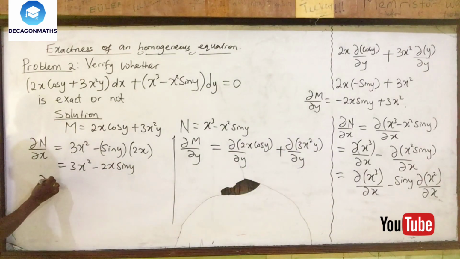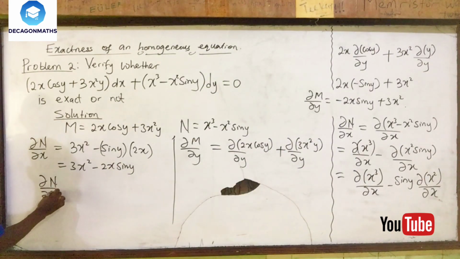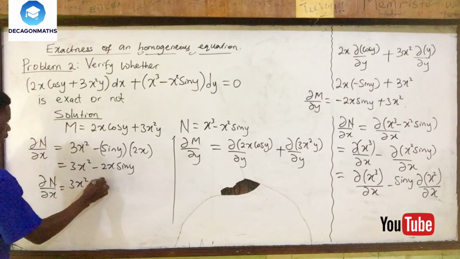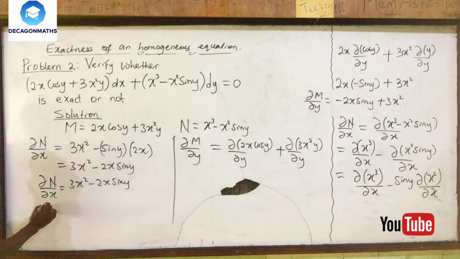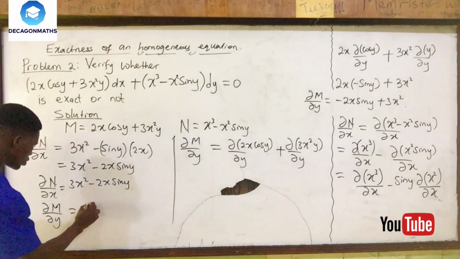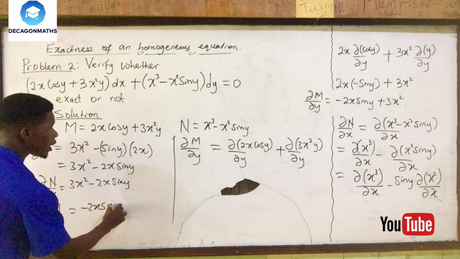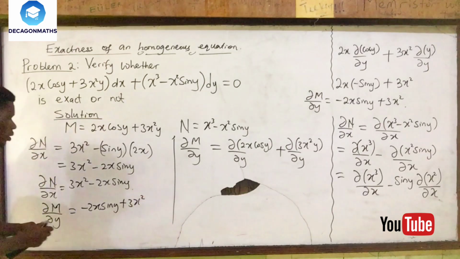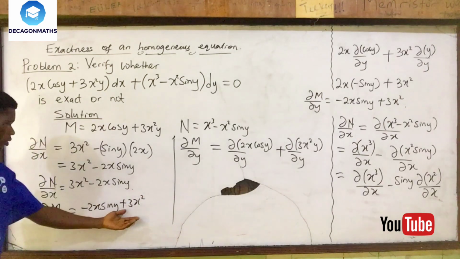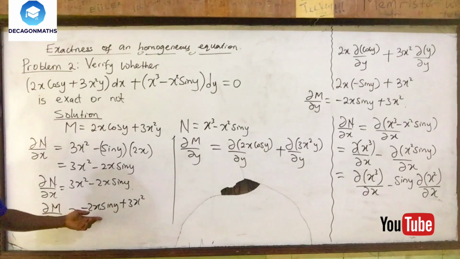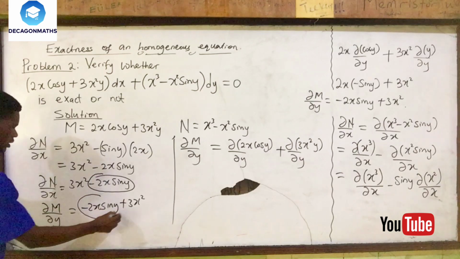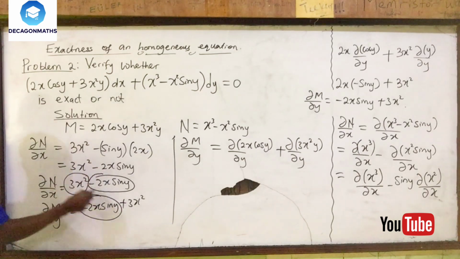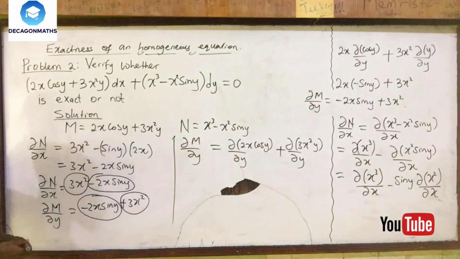We obtain that the partial derivative of N with respect to x is equal to 3x squared minus 2x sin y. For the partial derivative of M with respect to y, we obtain minus 2x sin y plus 3x squared. Writing it out, it doesn't look the same, but when you check it, this is minus 2x sin y and that is minus 2x sin y, and this is 3x squared and that is also 3x squared. So we can see that they are the same.